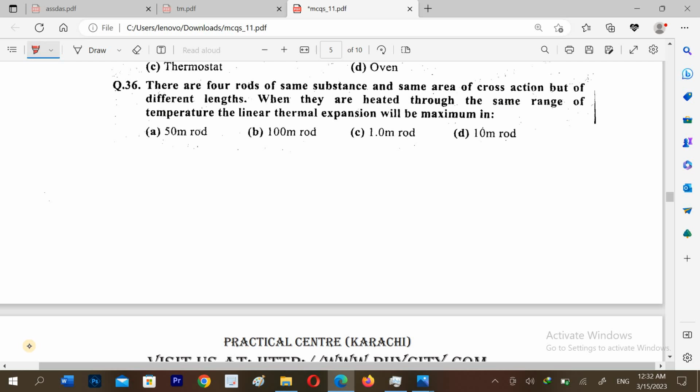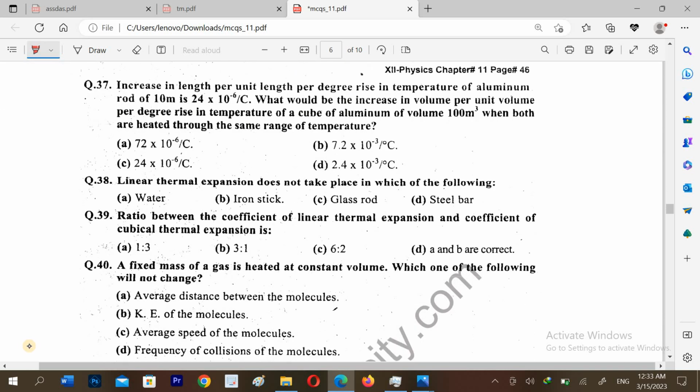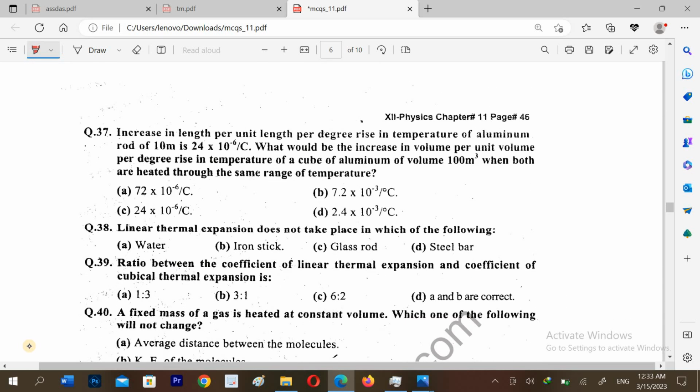There are 4 rods of same substance and same area of cross section but of different length, and they are heated through the same range of temperature. The linear thermal expansion will be maximum... B. Increase in length per unit length per degree rise in temperature of aluminium rod is 24×10^-6 per Celsius.